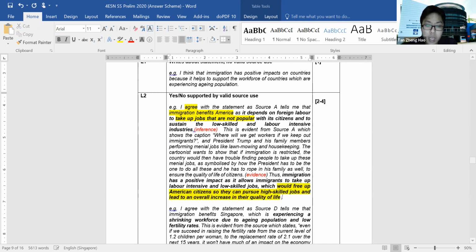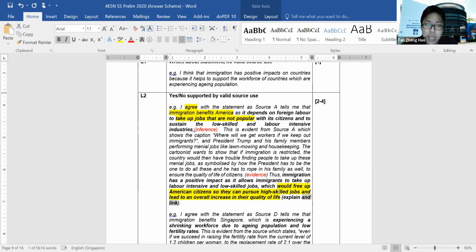Okay, so here I'm explaining my evidence, and in this case, linking it. How does it show a positive impact? You notice I did not just repeat what I said here, that they take up jobs that are not popular. I go on further and use my own words and say, okay, so this means citizens can do their own things.